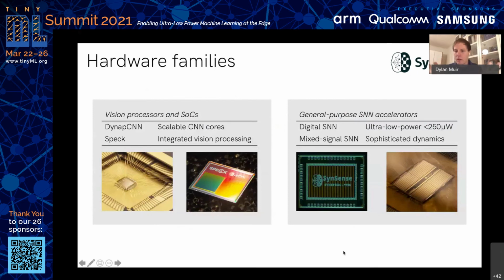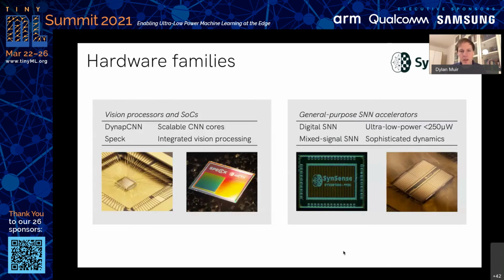So we have these two main families of hardware corresponding roughly to the two classes of use case that I showed you today. On the left, we have vision processors and single chip SoC vision devices. Dynapse CNN is our development prototype for our convolutional cores.